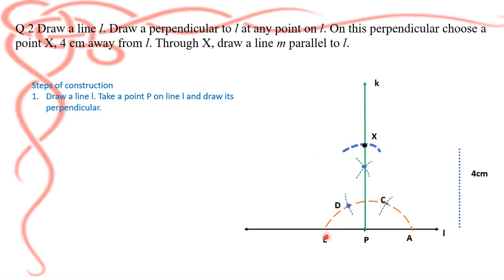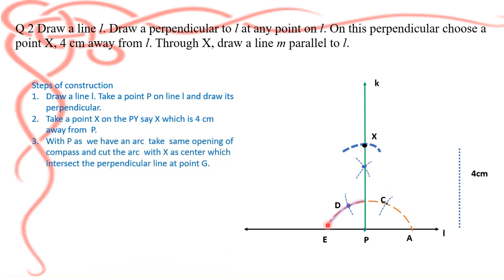So let's take the opening of the compass at the first point. That same opening we have to take, and then this angle, the angle shaded pink, we have to make as an alternate angle here also.